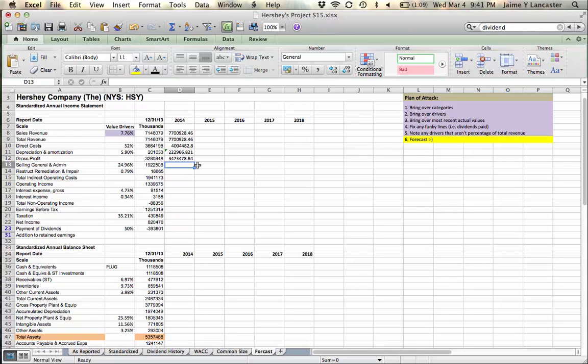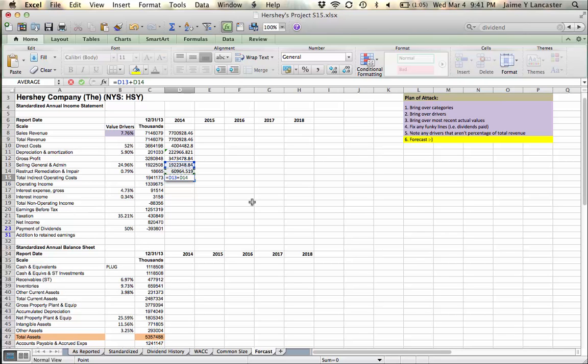Then we can move on to our next item, sales, general, and administrative, which is 26% of total revenue. Restructure, remediation, impairment, less than 1% of total revenue. And then I've got my total indirect operating costs. So indirect operating costs, in my case, include selling, general, and administrative, and restructuring, remediation, and impairment.